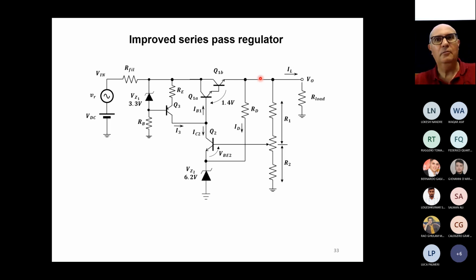So there will be a voltage drop across the sense resistor. If we put the feedback system after the resistor, we can compensate for this variation. While if we put the sense circuit here, the output voltage will change, but the system will not realize that there is a voltage change. So we introduce this sense before the feedback, and so the feedback will compensate also the voltage drop across the R sense, okay? Thank you for reminding me.